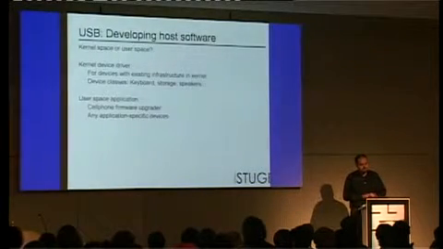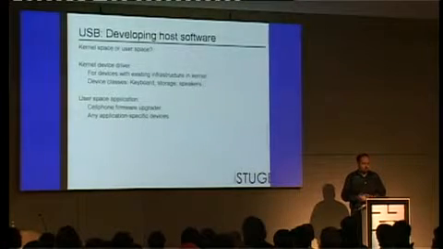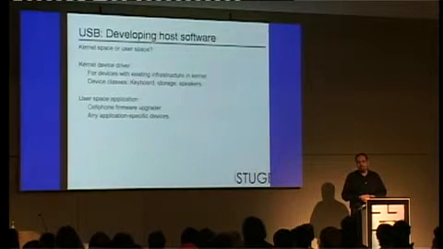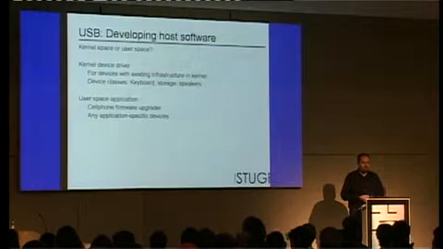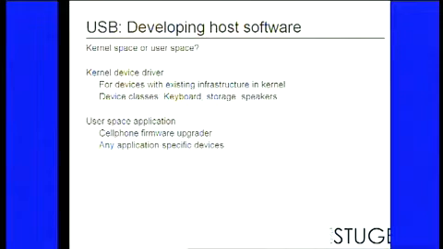The alternative is a user space application. Could be stuff like cell phone firmware upgrader using the DFU, or really any application-specific devices. There's a lot of application-specific devices out there.